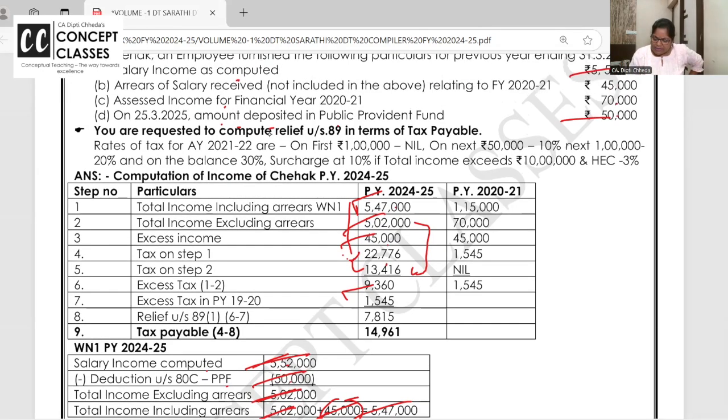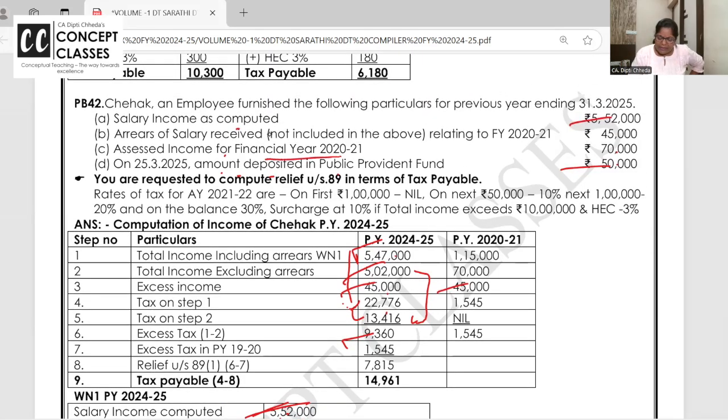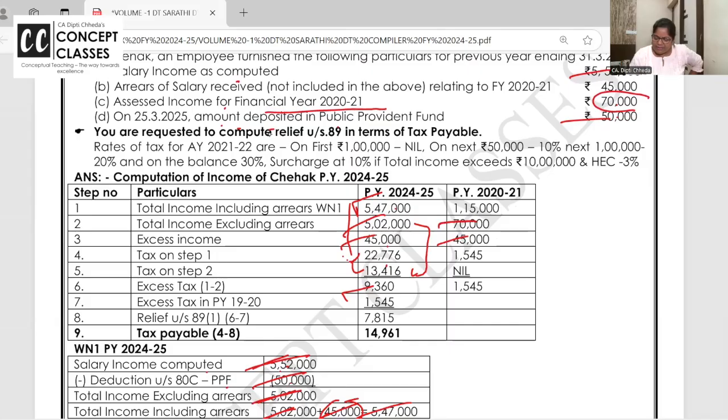This arrears is related to 2021 when my actual income was 70,000 and with arrears 1,15,000. So suppose in that year only with 70 I would have received arrears. I'm ready to pay the tax on 1,15,000 as per that year's rate, 1545.